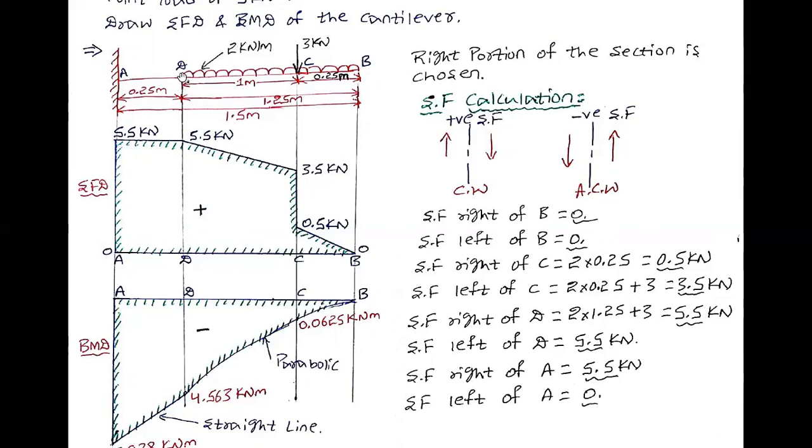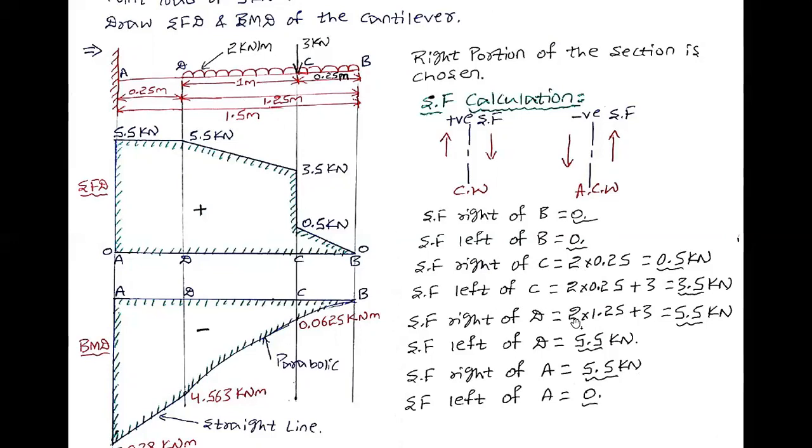Now, shear force at point D, I'm going to calculate to the right of D. To the right of D, UDL is acting and the point load is acting. UDL from point B to point D is 2 kilonewton per meter and the length from B to D is 1.25 meter. 2 into 1.25, and that will be acting at the CG, in clockwise direction.